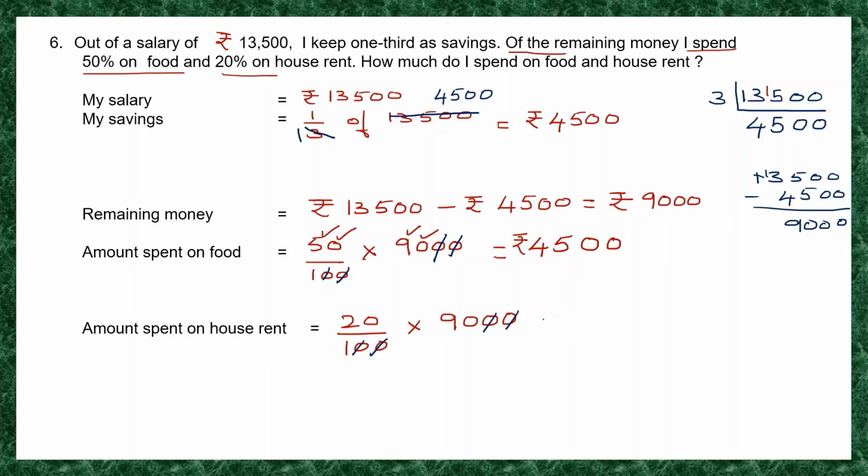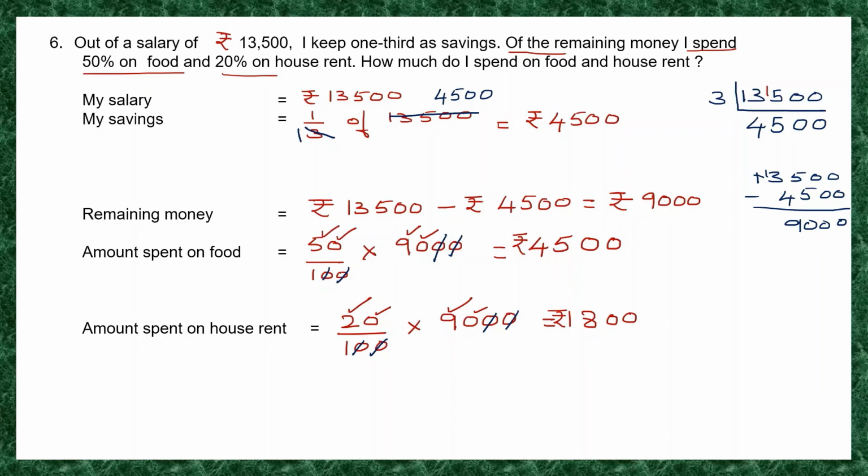Now I can multiply. 20 into 90. Let me multiply 2 into 9. 2 nines are 18, and I can then add these 2 zeros. So the amount spent on house rent is 1,800. So we found the amount spent on food and the amount spent on house rent.